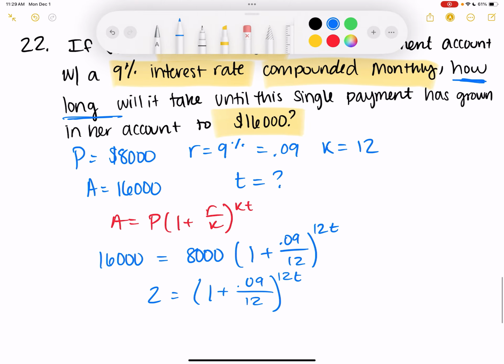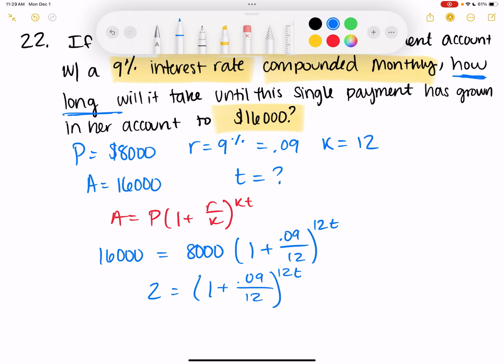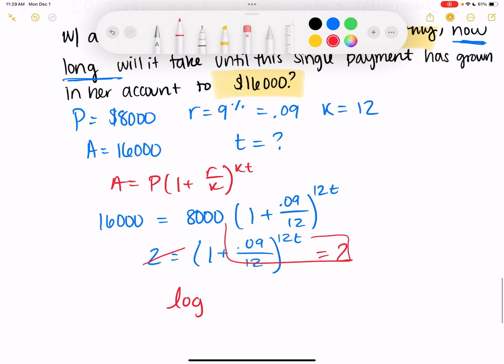Now, I need to solve for an exponent, so that means I'm going to need a log to do this. I'm going to move my 2 over to this side so I can make my log. So I'm going to have log base 1 plus 0.09 over 12 of 2 is equal to 12t. The beauty of your calculator is I can wait and solve for the base once I put it in, and it will do that for you, or at least it should.